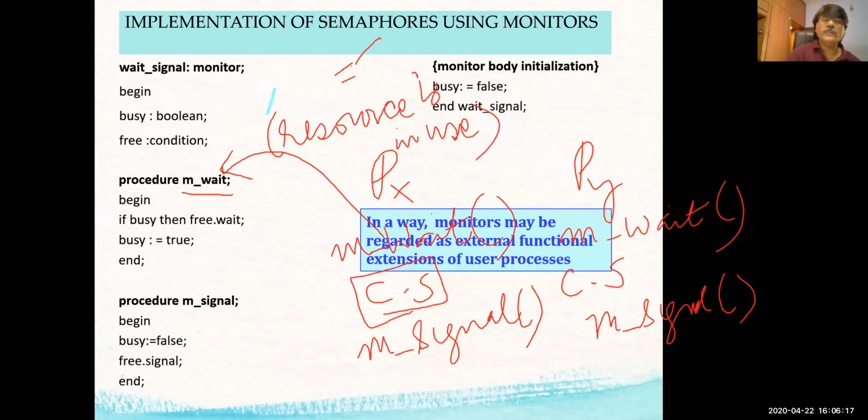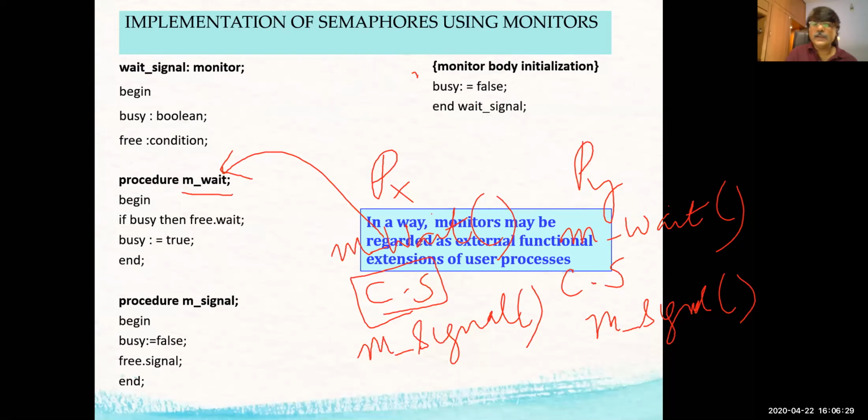Now, who has first invoked the function mWait? Process X. So mWait starts executing on behalf of the process. I have written here that monitors may be regarded as external function extensions of the user process. Something like, when you want to use a math function in your C program, you include math.h as a header file.